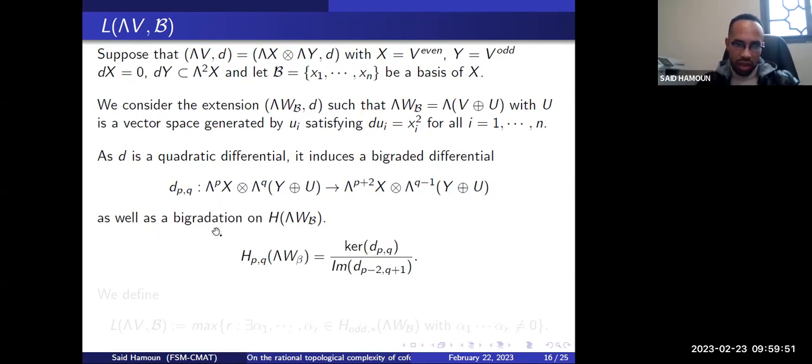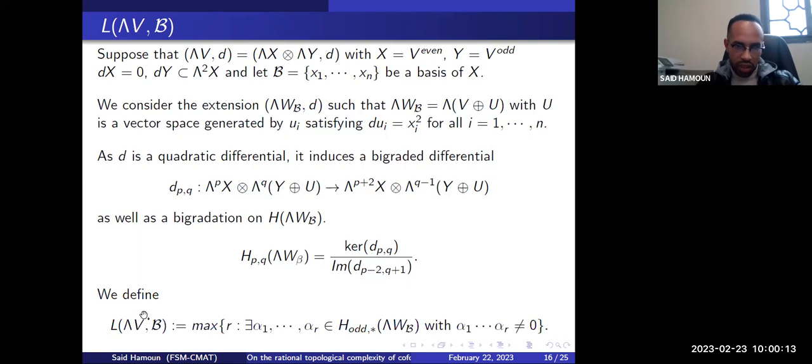And then d induces a bigradation on the cohomology H of lambda W given by H p q. Here p corresponds to the length of the even part, and q corresponds to the length of the odd part.